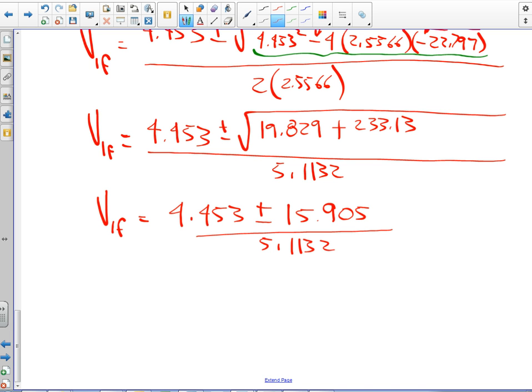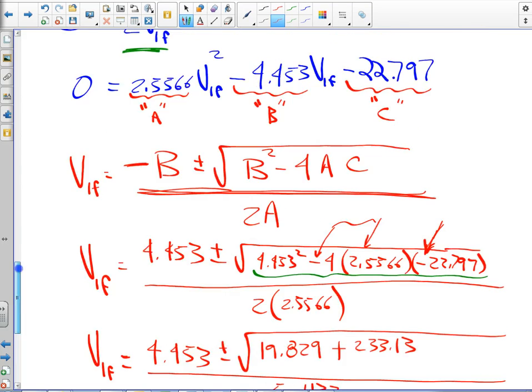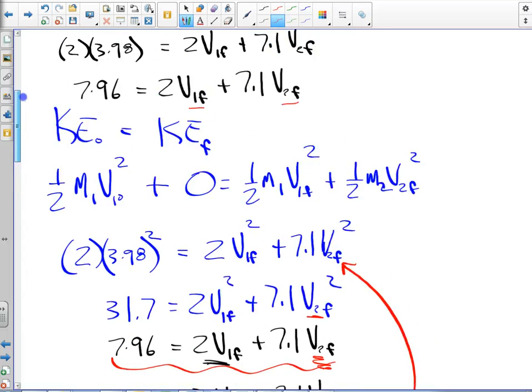Now, gotta be careful here. V1 final after this collision. If you notice, we're going to have a positive and a negative answer for V1 final, two different numbers. Let's go back to our original problem.